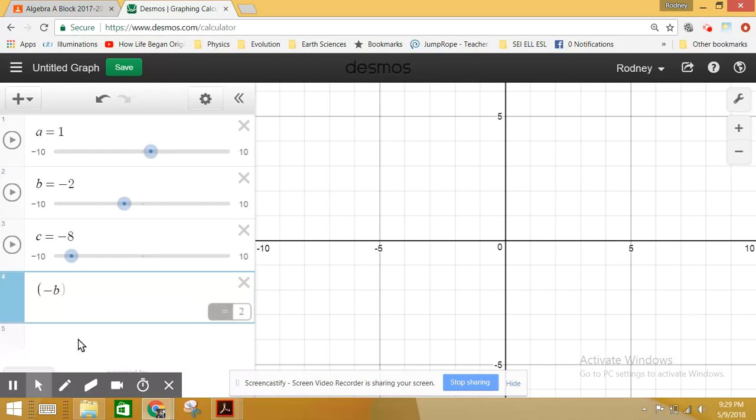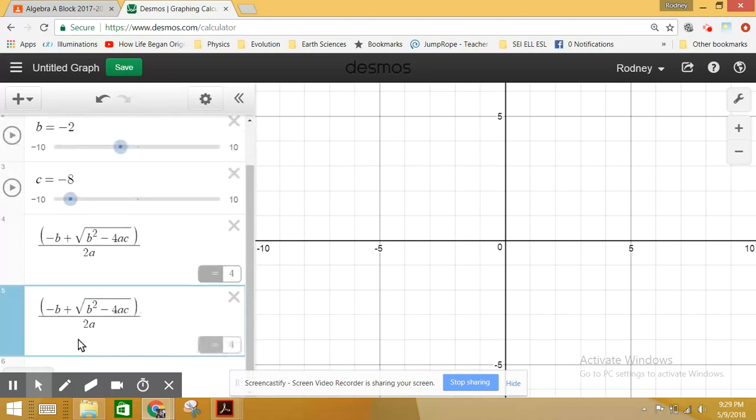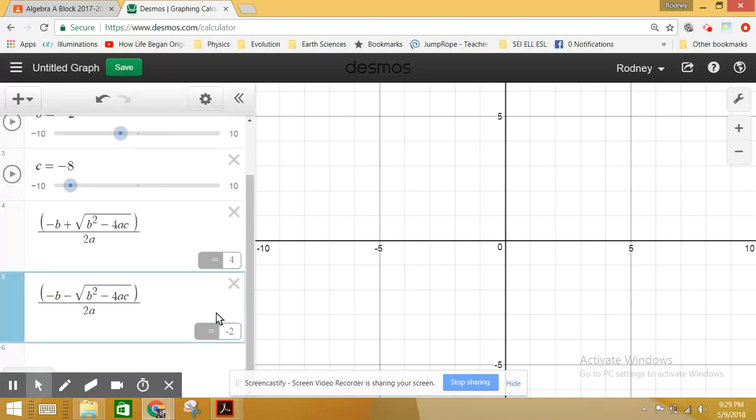Negative b plus, and I'm going to do a plus version and a minus version, root of b squared minus 4 times a times c, all over 2 times a. And there's the minus version of this, because it's a plus or minus. And then I have that.